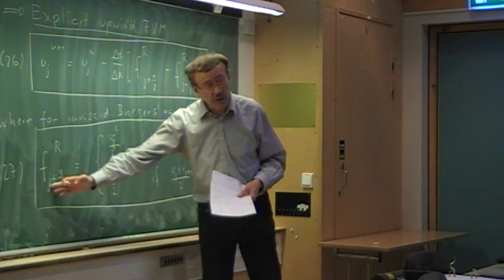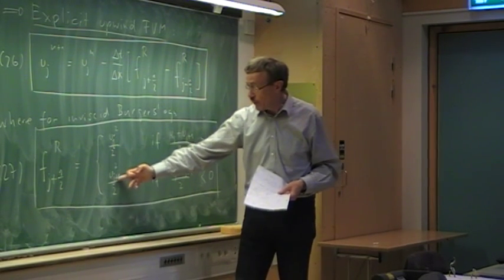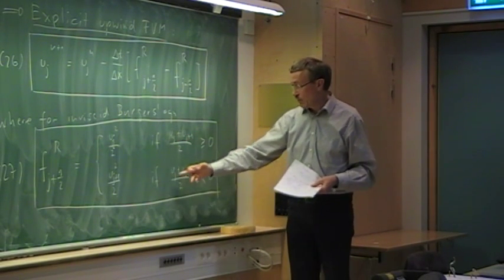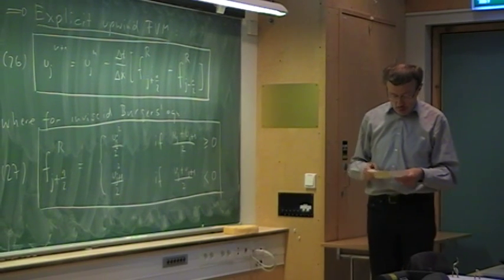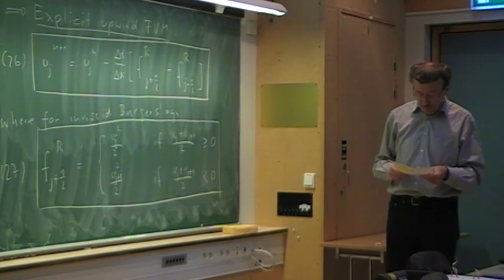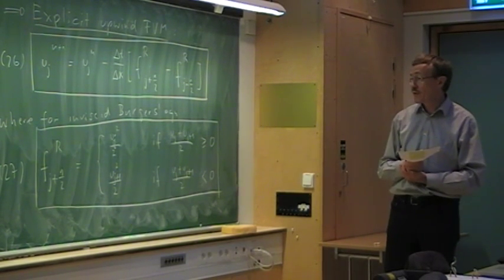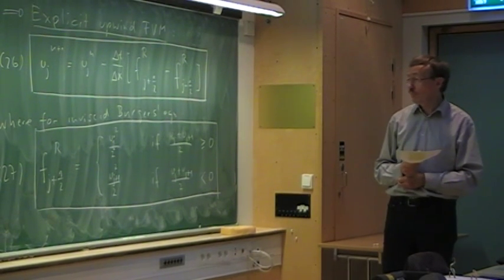Instead of j, we take j minus 1, and here j becomes j minus 1, this becomes j. So then we have the general formula. Okay, so then we know the Upwind flux for the inviscid Burgers equation.